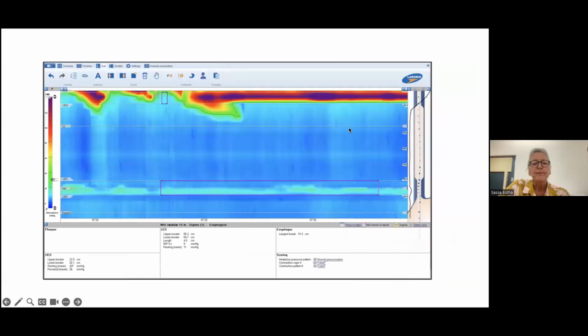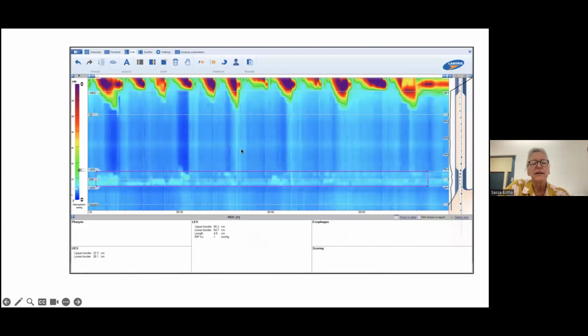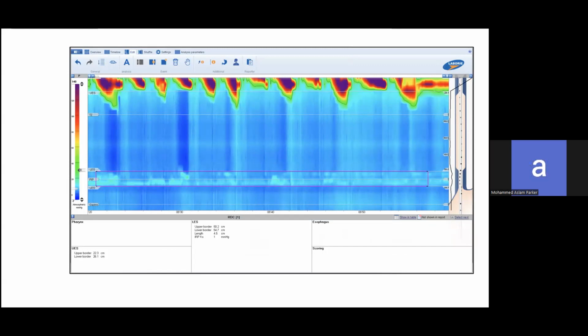Okay. So you can see here we did the multiple rapid swallows, and there was still no contraction. And here we did the rapid drink challenge. So your multiple rapid swallows, what does that look at? I think you're trying to not miss a type 1 achalasia.